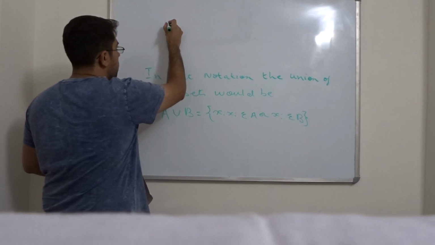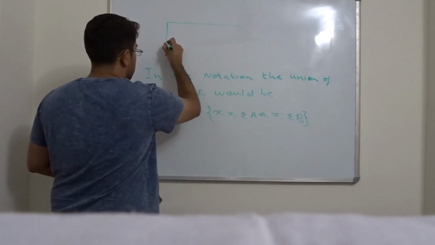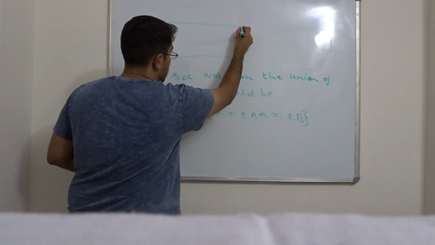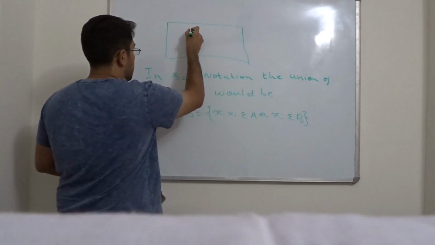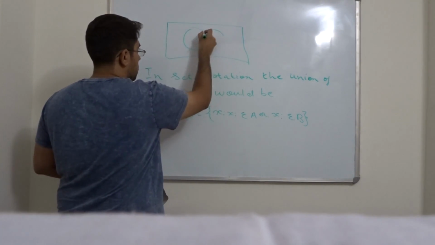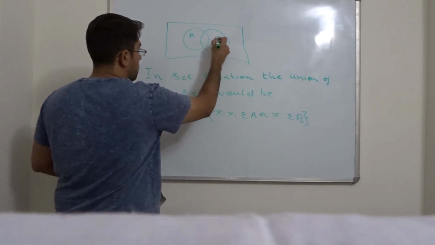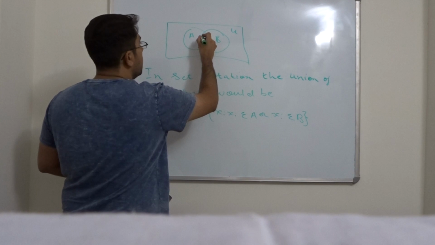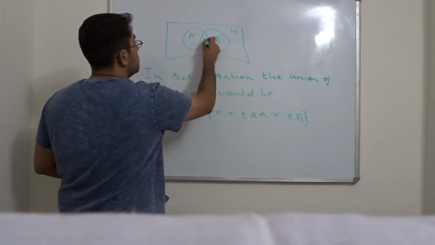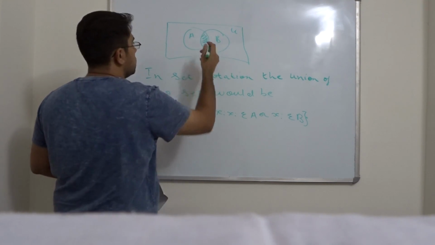So in Venn diagrams I had already shown you this. I don't have to show you again, but it makes no difference to me. Let me just show you again. This is A, this is B, this is U, and this is the common intersection.